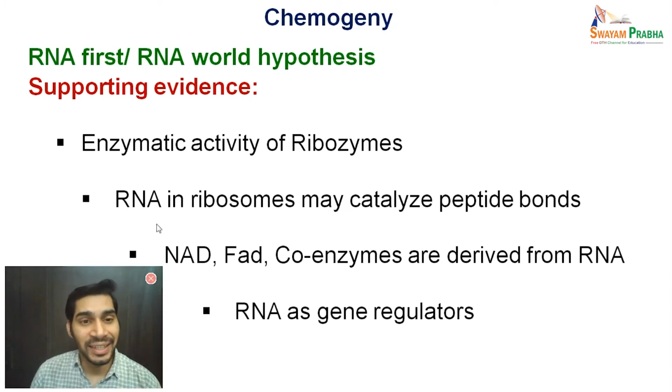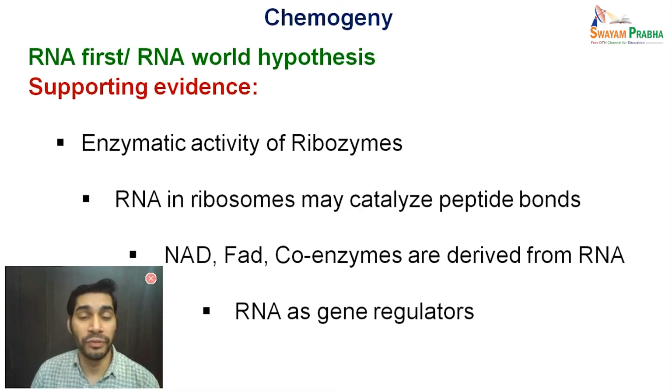Second thing is, RNA in ribosomes may catalyze peptide bonds. So here RNA is performing the catalytic activity. Quite possible that on primitive earth, RNA formed first and it had the catalytic activities.